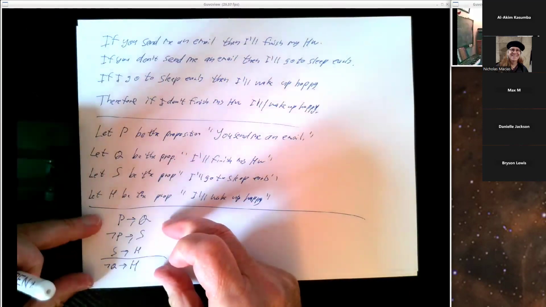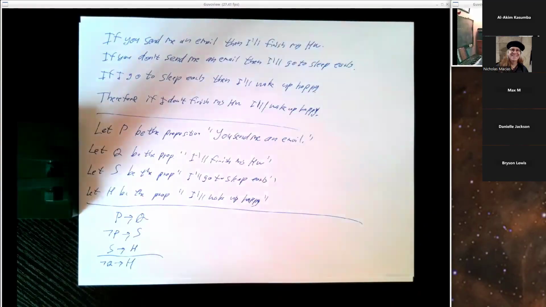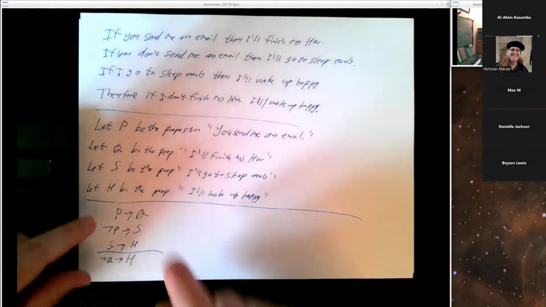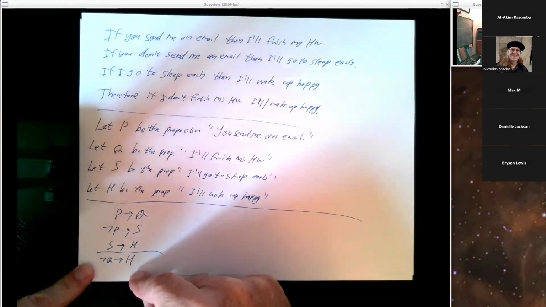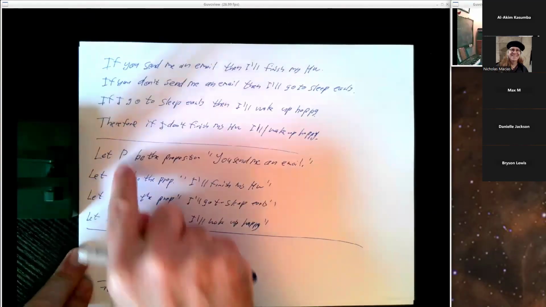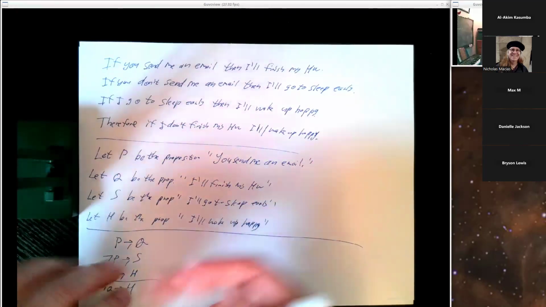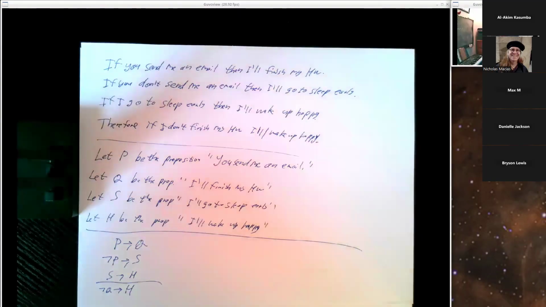So this is equivalent to this, using these values of propositional variables. And if we can show that this and this and this imply that is always true, then we know in the particular case where these are the values of these variables, this will still be true, which means this paragraph up here will be true.